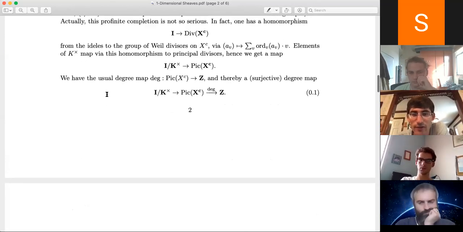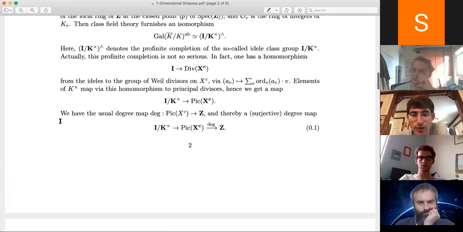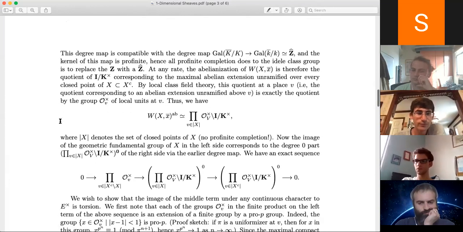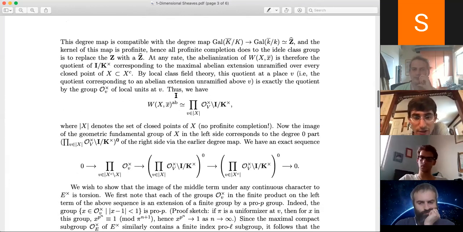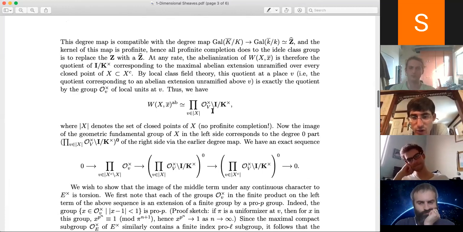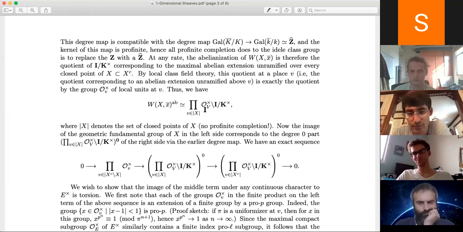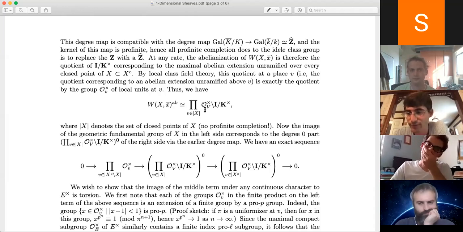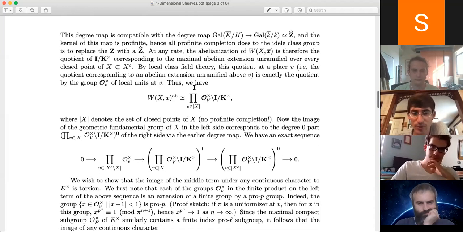To be unramified at v exactly means you kill those units. So the Abelianized Weil group is the idele class group quotiented by the product over all closed points of X of the units at v.